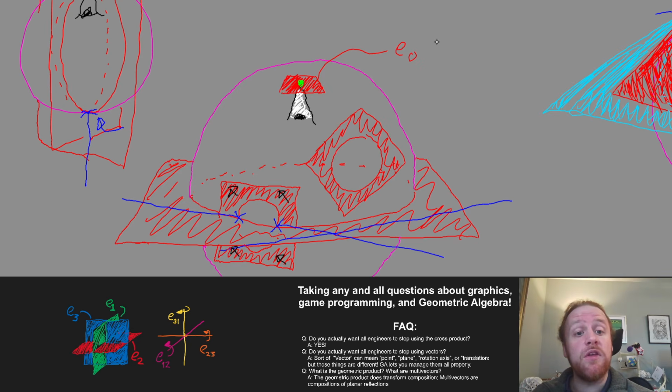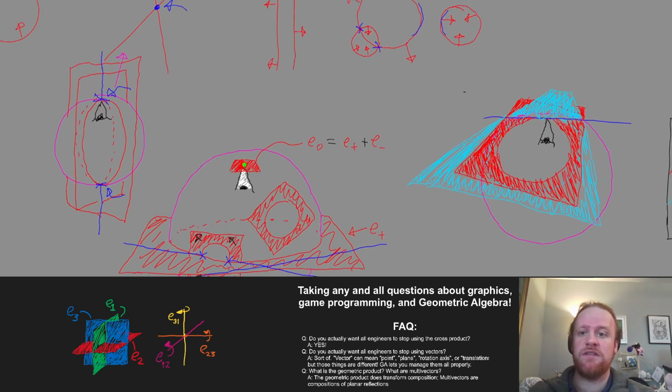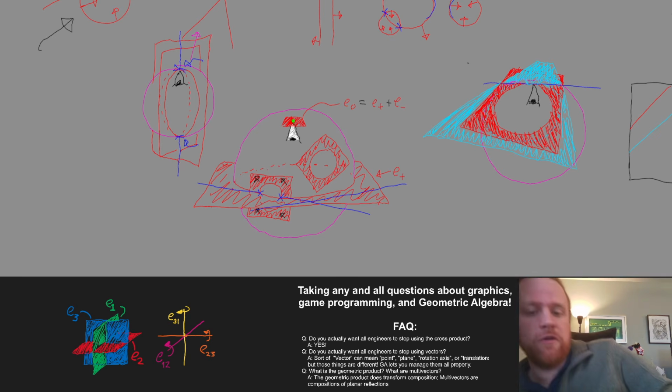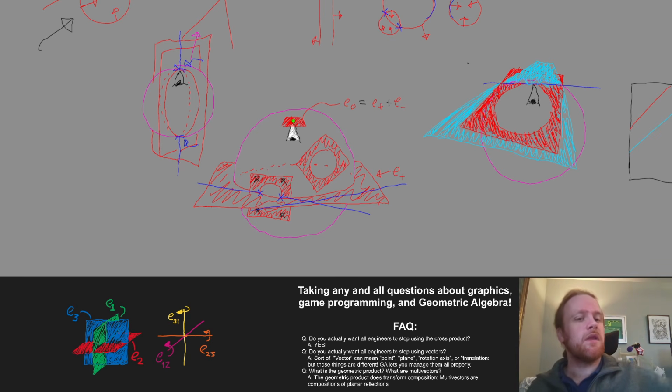An interesting thing is that you can actually rewrite it as E plus E minus. That's E plus, which I've already told you. It looks like a circle in conformal geometric algebra. It's the unit circle around the origin. Yeah, so happens.